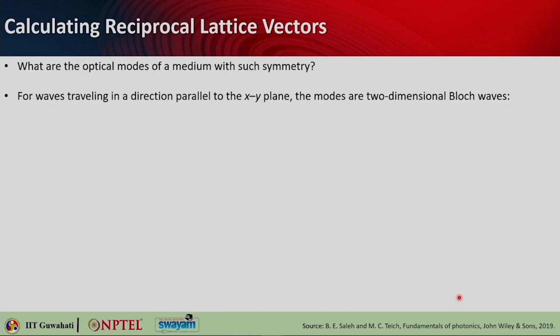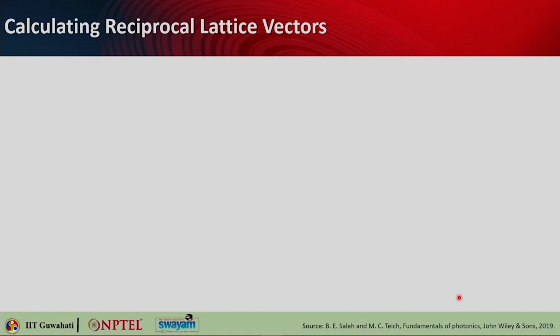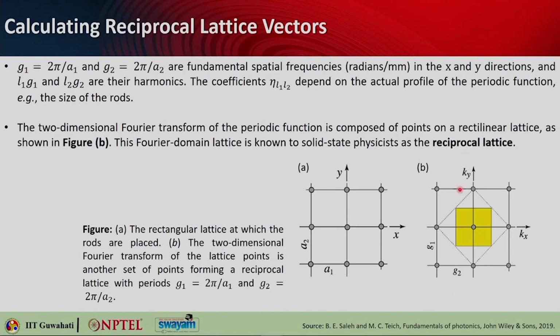Fine. Once you have understood how you get the reciprocal lattice, you have to find out the optical modes of the medium with such symmetry. There is also another important thing: what is this particular region that we have marked here?